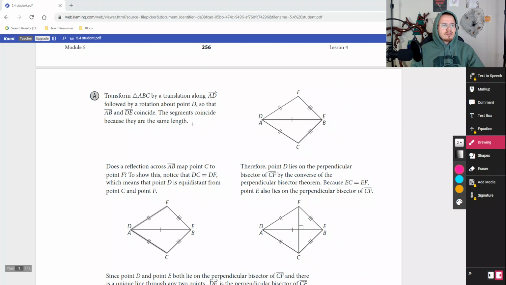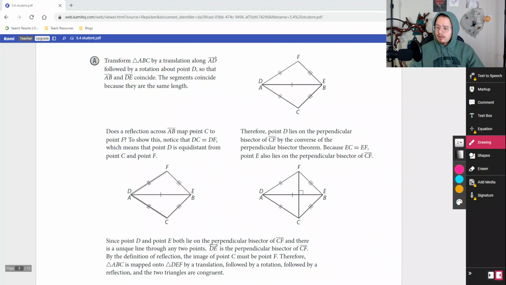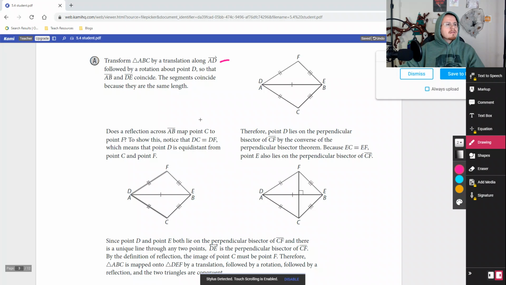And you're going to transform the triangle using a translation along the ray AD, followed by a rotation about point D so that AB and DE coincide. So that gets you to that point there.